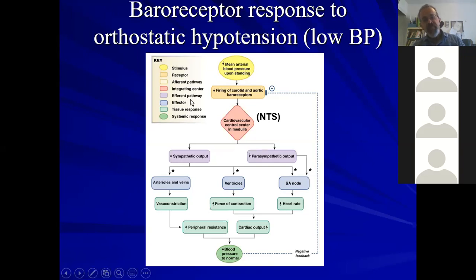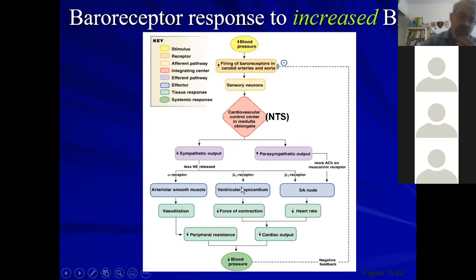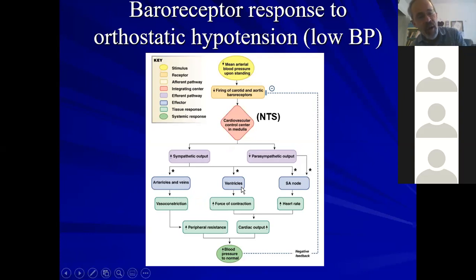Now, really the big story is this is always going on during the course of the day. If you were to measure your blood pressure in the morning versus afternoon or evening, I could almost guarantee that it's not going to be the same each time. There's this constant interplay between the sympathetic and parasympathetic systems that are constantly adjusting.